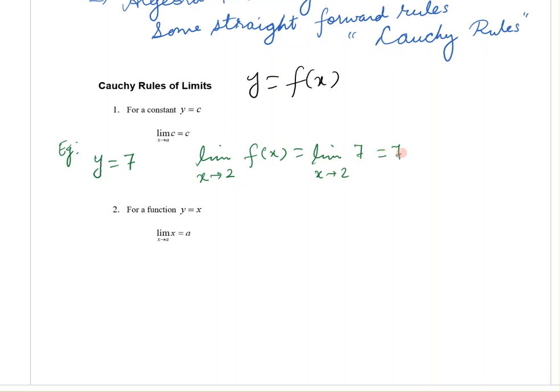Since it's independent of the value of x, we get just 7 in the end. So any constant function has a constant limit. You can think of this function as y equal to 7. The value of the function remains constant. No matter what the value of x is, the y value is always going to be 7.